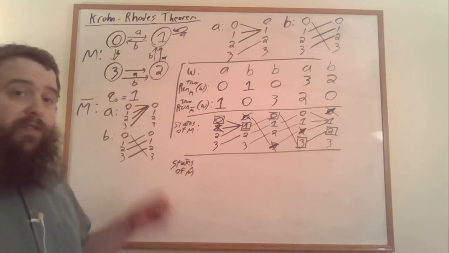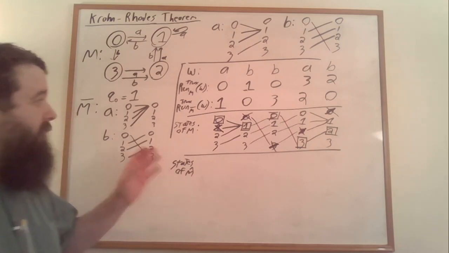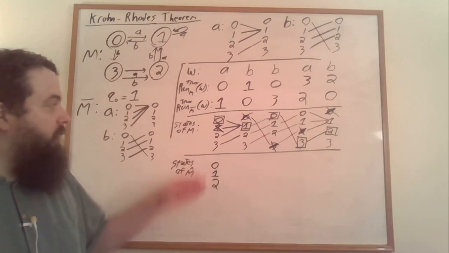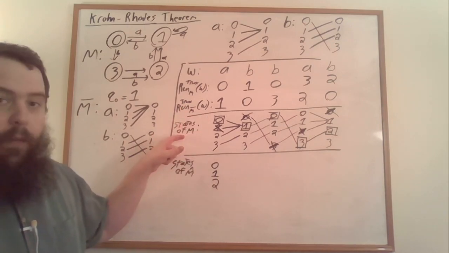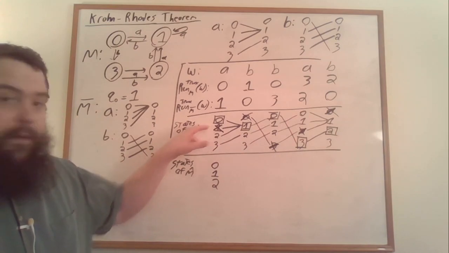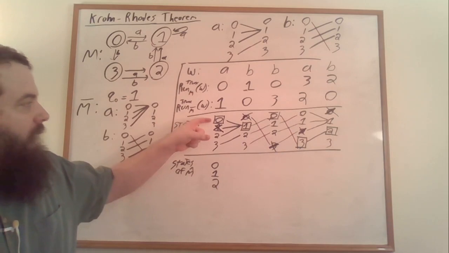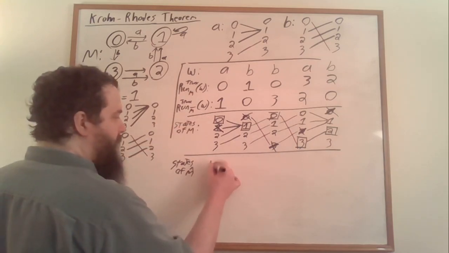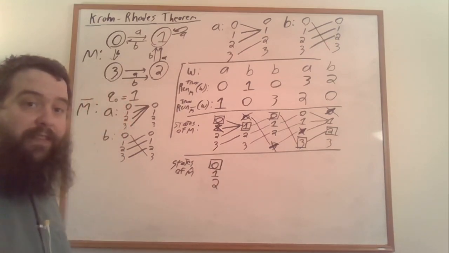So M hat is going to have 3 states. At the risk of being confusing, I'm going to call them 0, 1, and 2. And these are going to correspond to the 3 remaining states of M, once we got rid of this state here. Out of these 3 remaining states, M is actually in state 0 at this time. So we're going to want M hat to be in state 0 at this time.